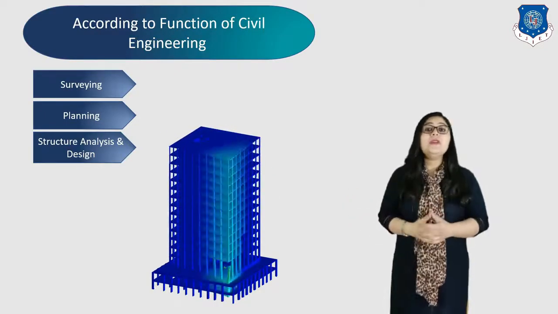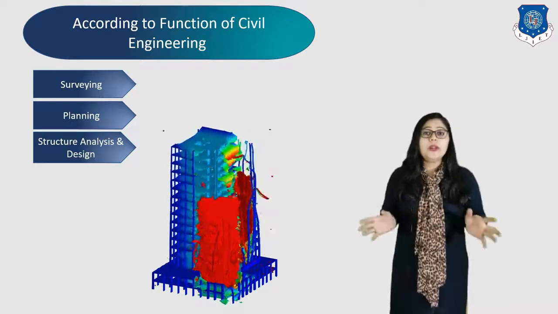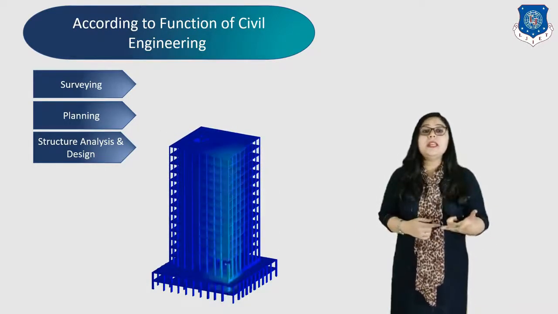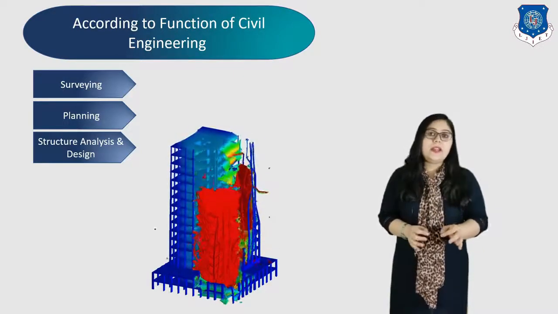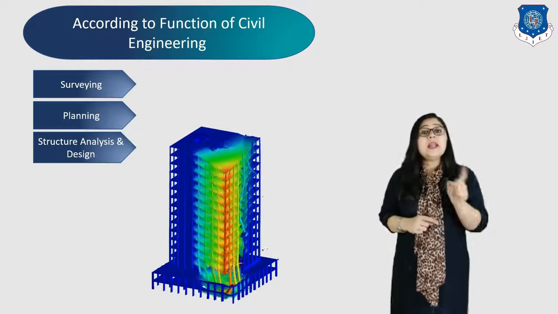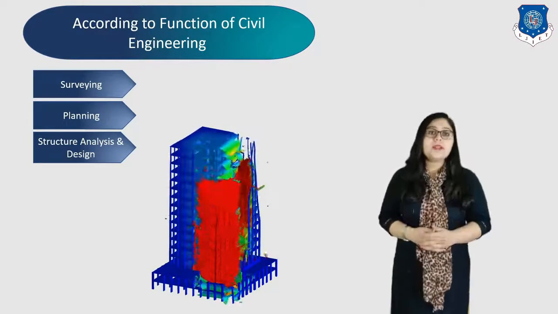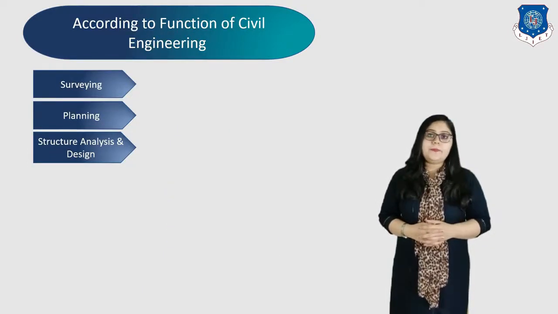By that, we will fix the size and shape of components like slab, beam, column, etc. This is known as structure analysis. And after that analysis, designing of the structural components can be done according to the designing principles.